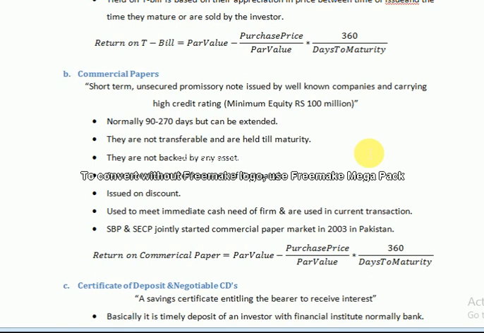But T-bill is a money market instrument. Why? Because its maturity time period is 1 year or less than 1 year. While T-notes and T-bonds are debt instruments which have maturity of more than 1 year. So these are capital market instruments.